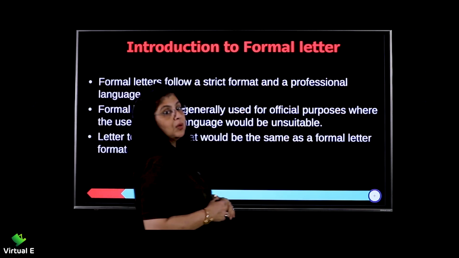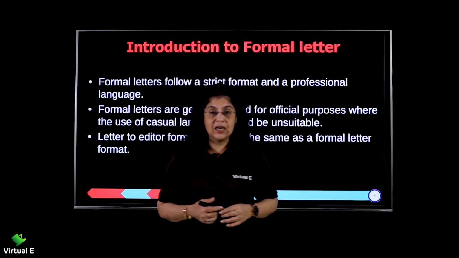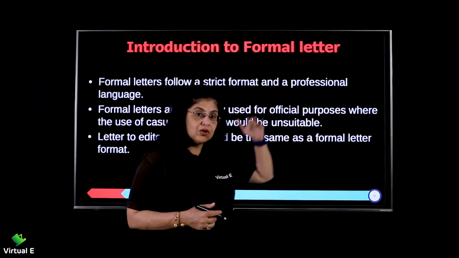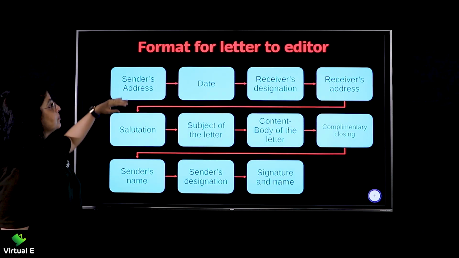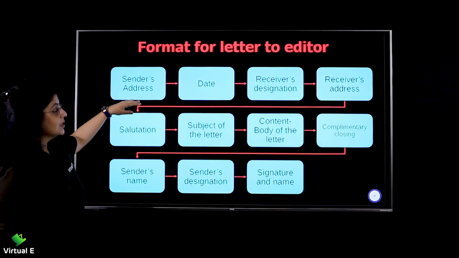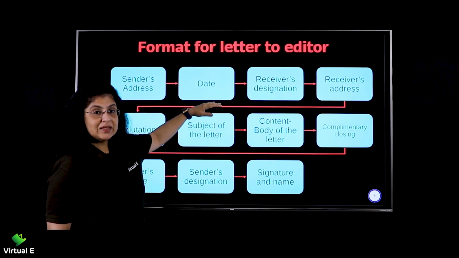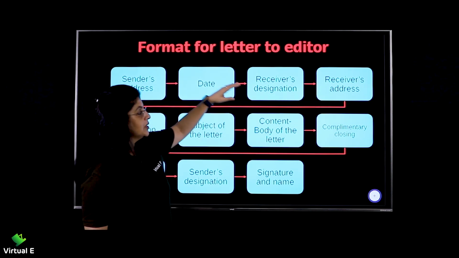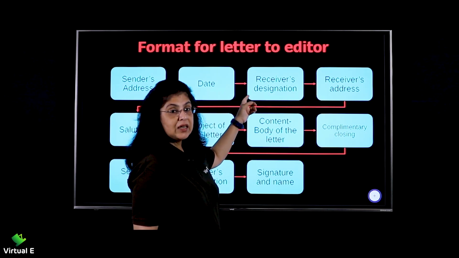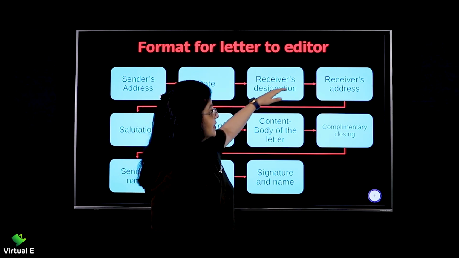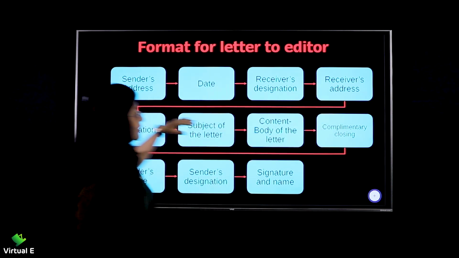We've already done formal letter. You know how formal letters are, right? We always follow the same thing. We'll just go through it once again to understand it. You have your sender's address, followed by a date. You leave a line, you put the date. You have the receiver's designation. Again, you will leave a line after the date. The receiver's designation, his address.